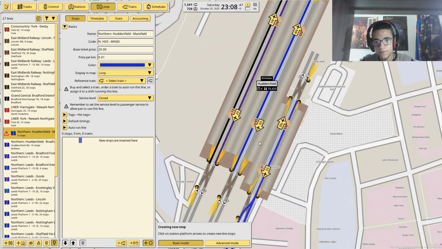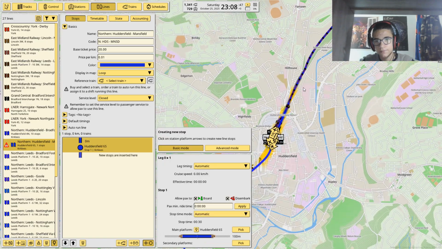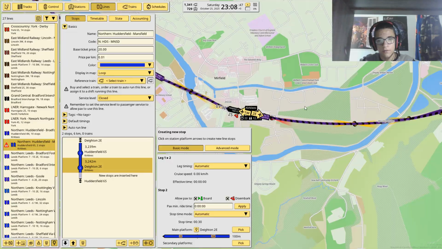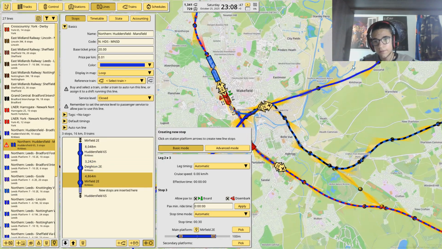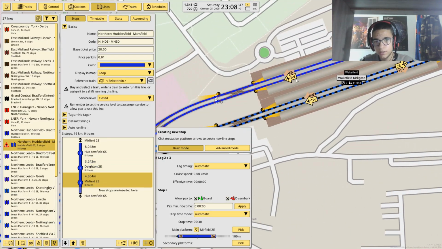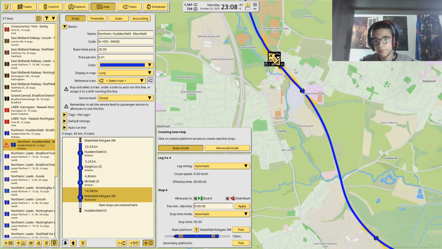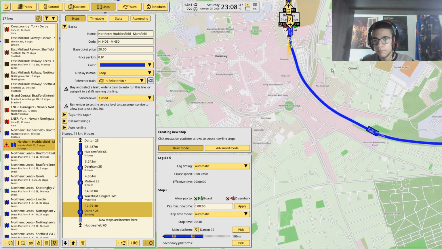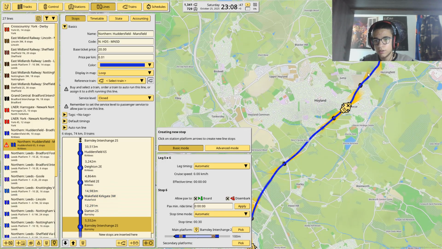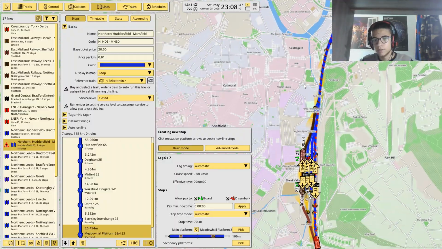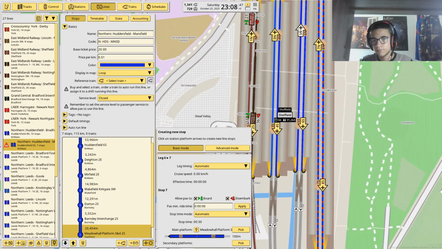So we're going to go from this platform here. We're going to stop at Dewsbury, Mirfield, Wakefield Kirkgate. It might cause a bit of problems, but obviously it's not going to cause a huge problem. Darton, Barnsley, Meadowhall, Sheffield, and then do another stop here. Do platform 5.